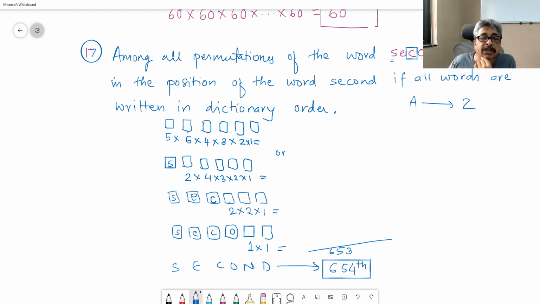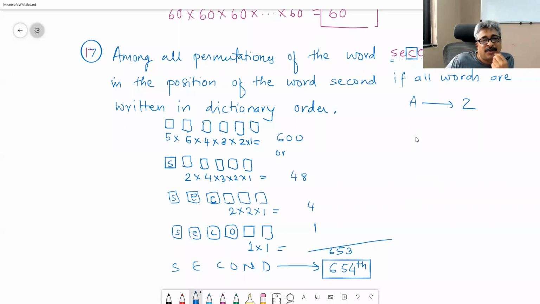Let the others digest this solution and write it down in their notebooks, then we will discuss the alternate method. Let me calculate for others also. Okay, 653, and hence the position is 654.